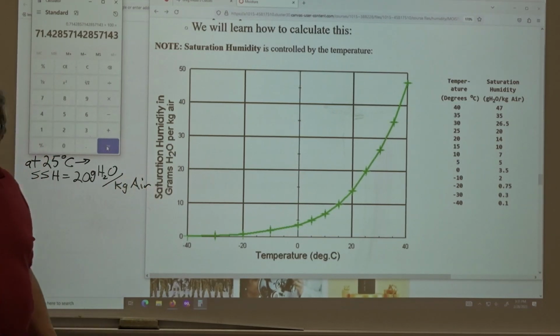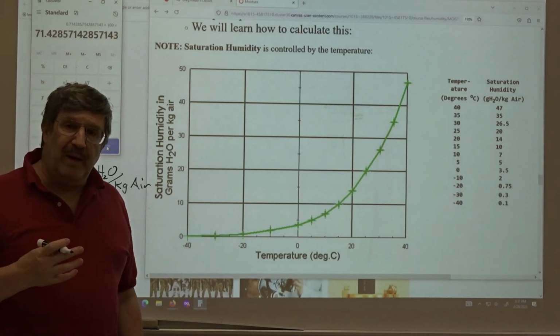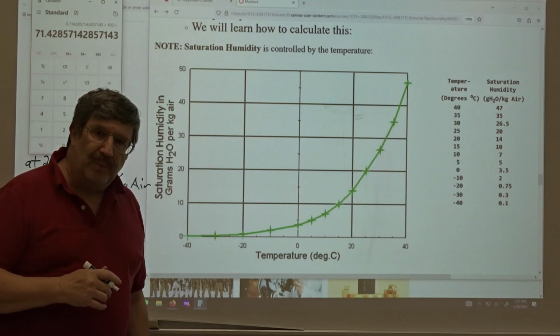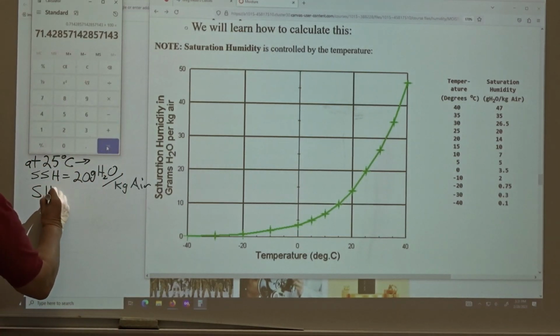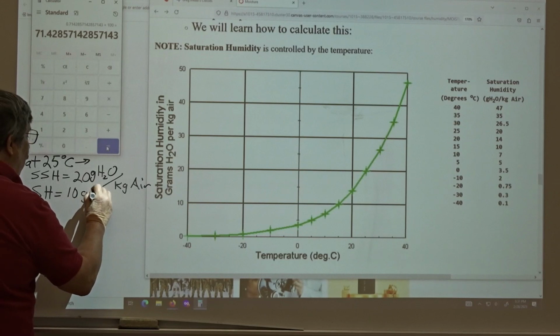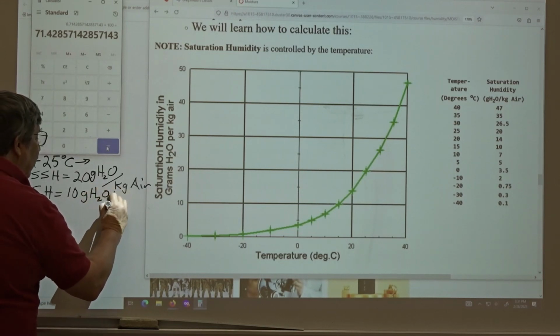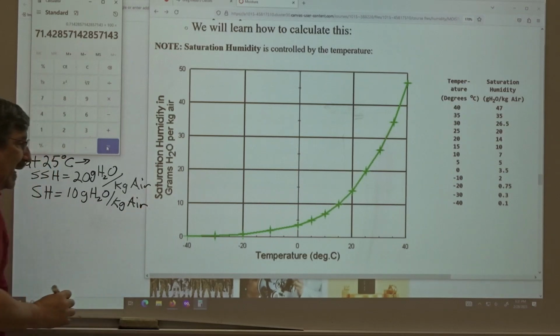Let's imagine that we start with a specific humidity of 10 grams of water per kilogram of air. So again, this is going to have to be something that's given to us. If we start with 10 grams of water per kilogram of air actually present in the atmosphere, then I think it's going to be fairly easy to make this calculation.